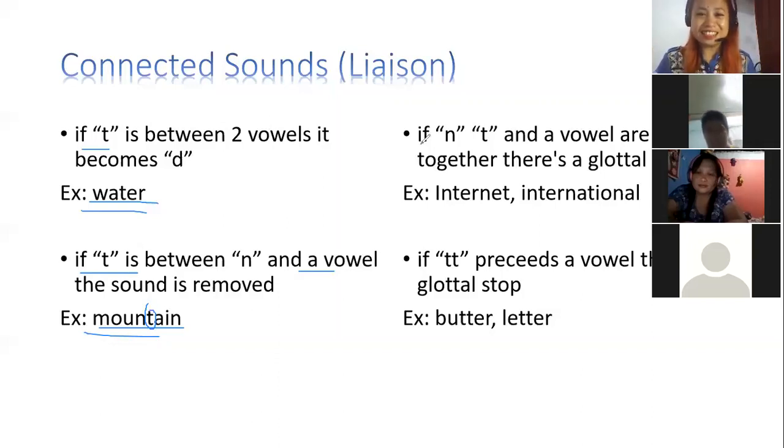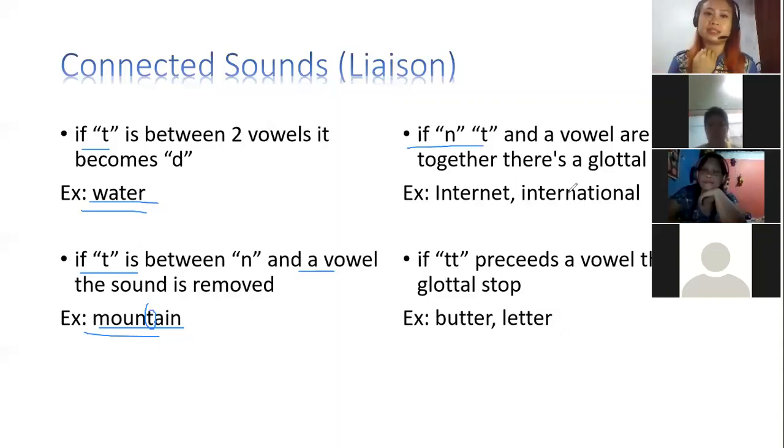All right. Next, Sheena. If N, T, and a vowel are together, there's a glottal stop. Like I mentioned, the glottal stop means you feel like something blocks the air coming in or going out.